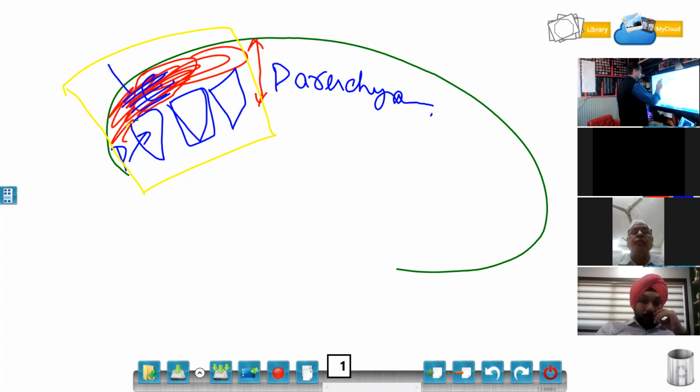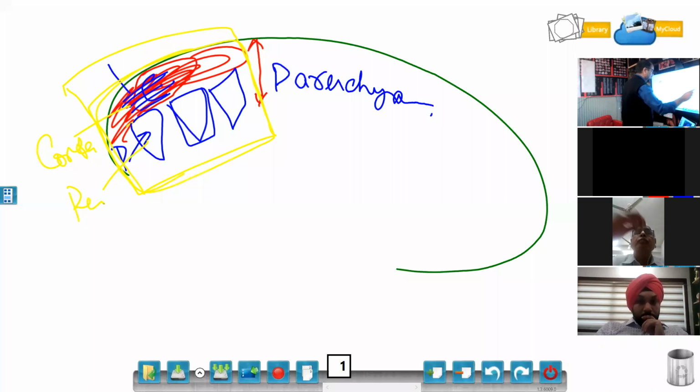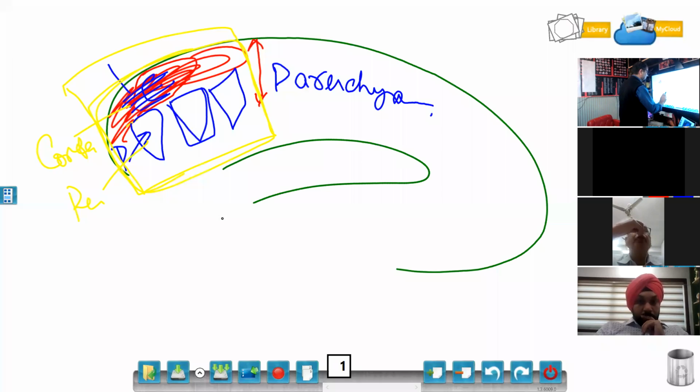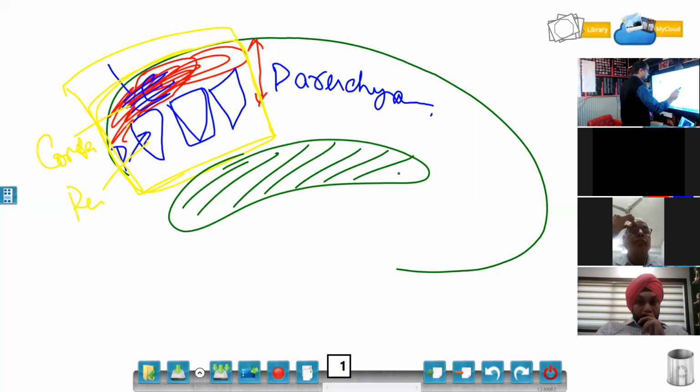But the point is, the overall echogenicity of this parenchyma, which is composed of cortex and the collecting system, that is the pyramids, is hypoechoic with respect to the central sinus, which has fat and nerves over there.